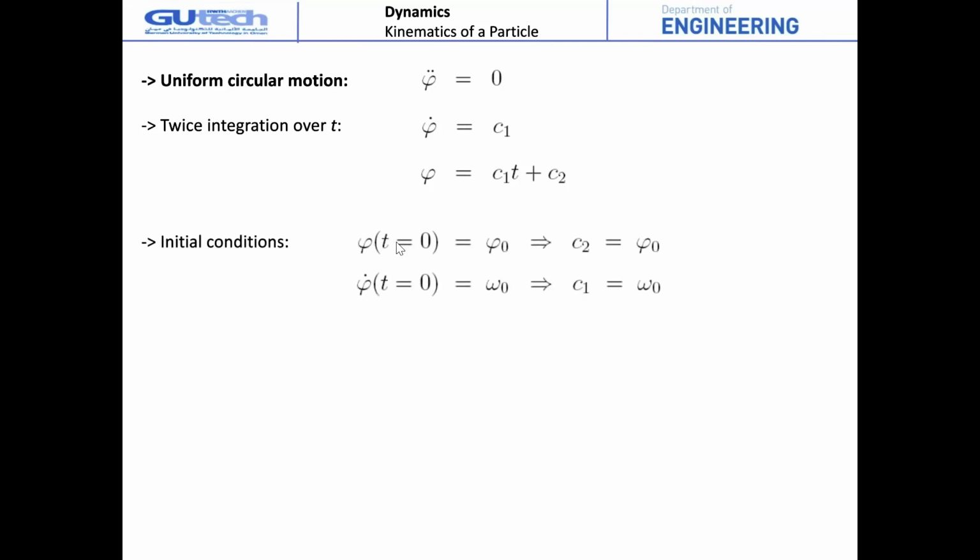Whenever we integrate, we have two constants, whether we are dealing with the velocity and the position, in either the radial or the circular case.